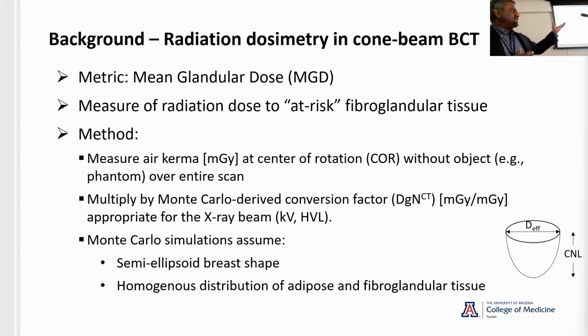In the semi-ellipsoid, your minor axis is basically the radius of the breast at the chest wall, and the major axis is the chest wall to nipple length. Within the compartment, we assume a homogeneous distribution of adipose and fibroglandular tissue. We say it's 50% fibroglandular, 50% adipose in a homogeneous mixture, or 15% fibroglandular to 50%. So you can run these simulations for different compositions.